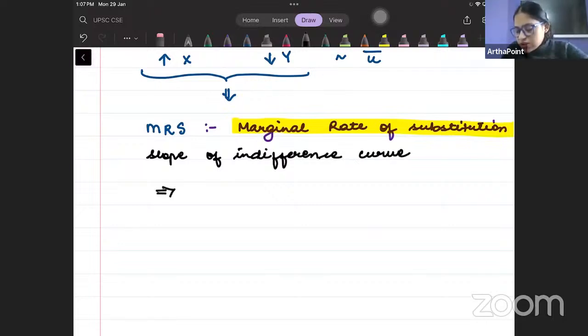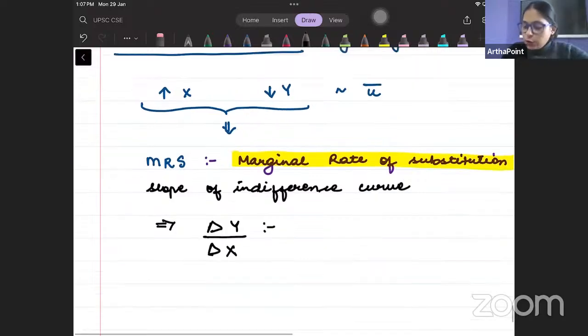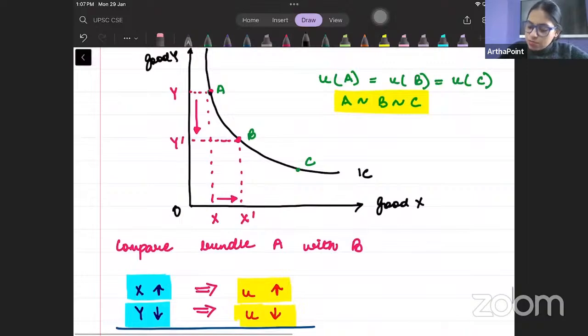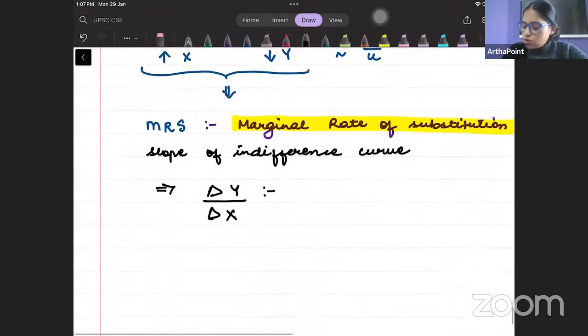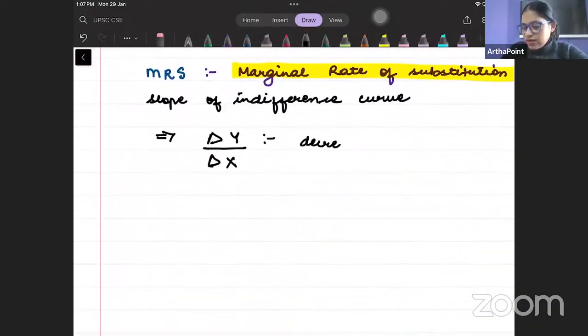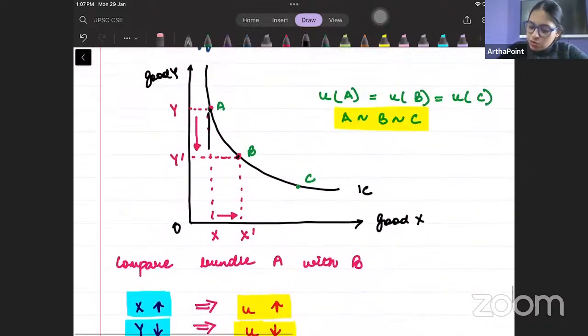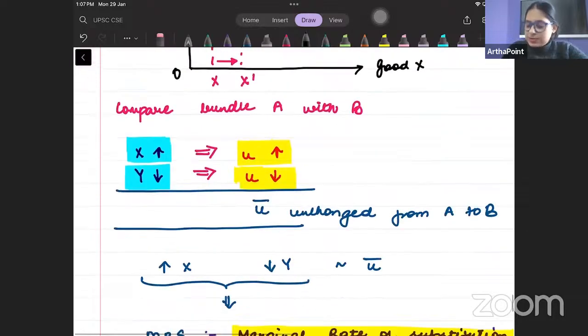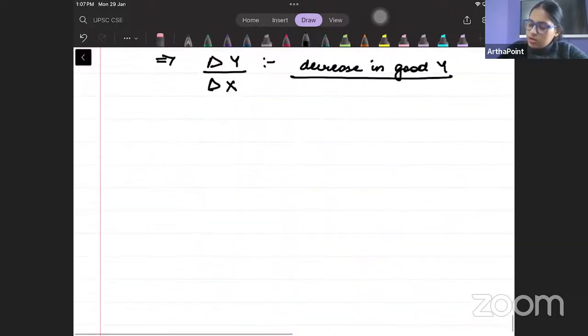That means it tells us change in good Y upon change in good X. When you move from point A to B, you are decreasing good Y. Just see here, this is perpendicular. So this is the decrease in good Y, upon the increase in good X.